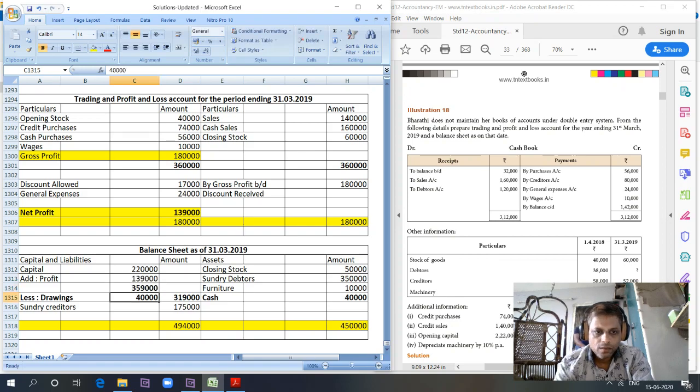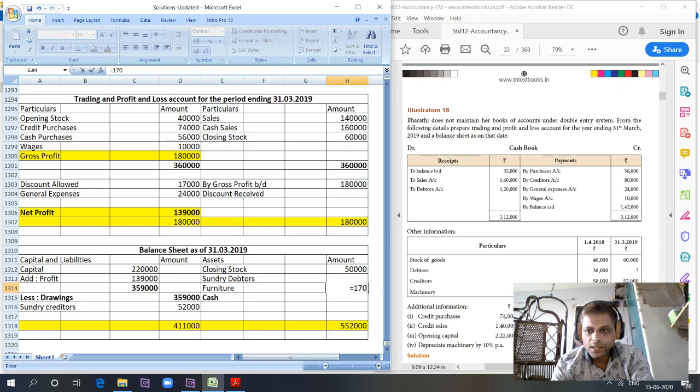Do we have any drawings? No. So then what is the total balance of sundry creditors? We have sundry creditors total balance is 52,000. And what is the cash balance? Yes, we have cash closing balance 1,42,000.